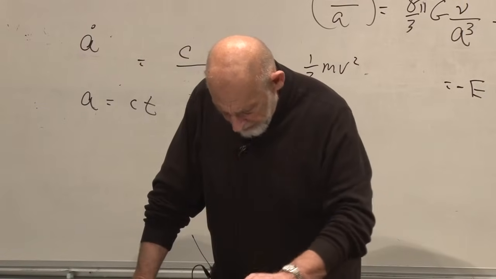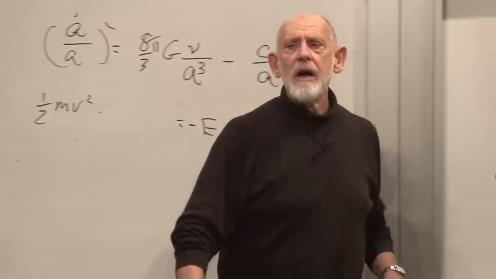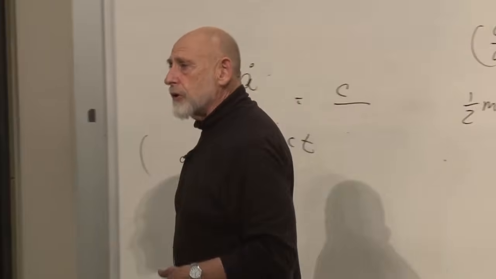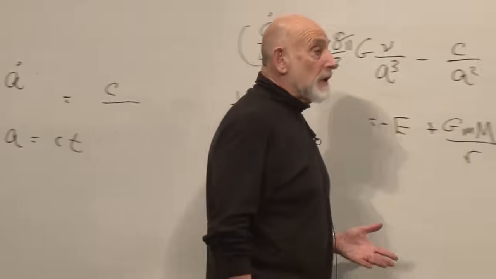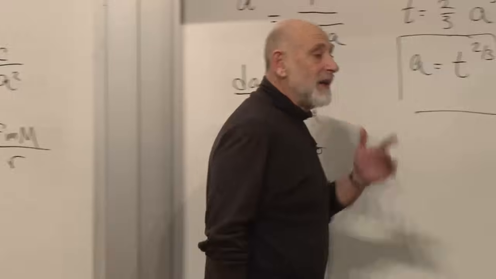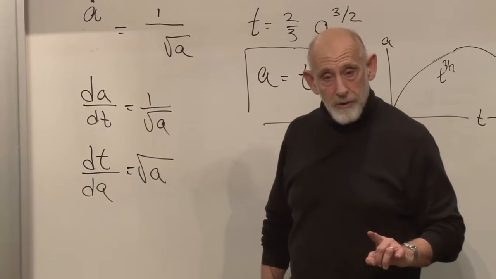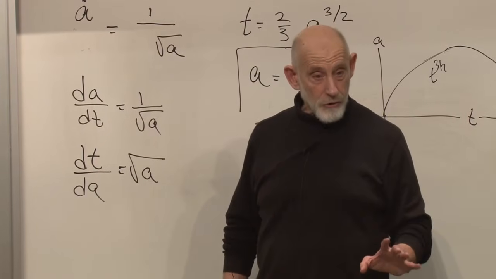Okay, so that is the matter-dominated universe. Three possibilities: positive energy, negative energy, or zero energy, and three different behaviors. Who decides whether the energy is positive or negative? Who knows? But we're going to find out that the positiveness or negativeness is connected with the geometry of the universe.